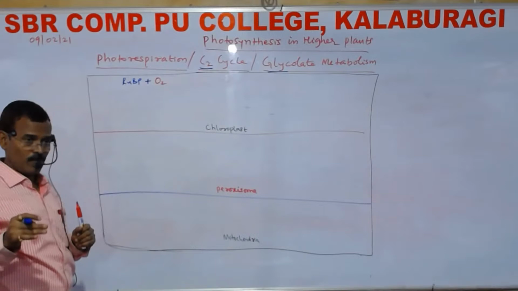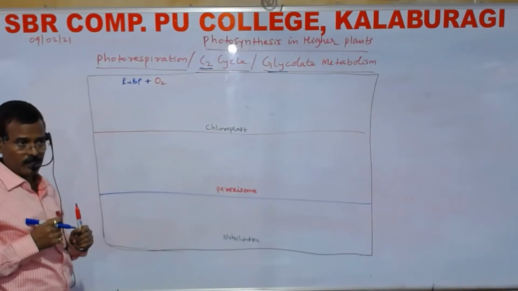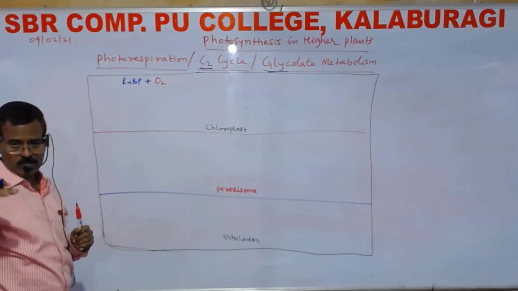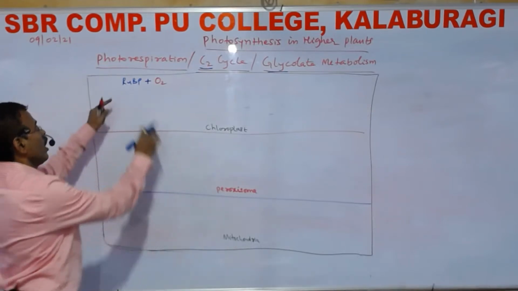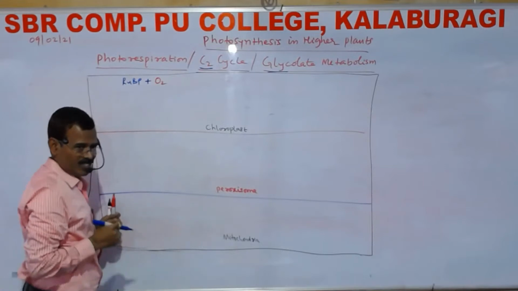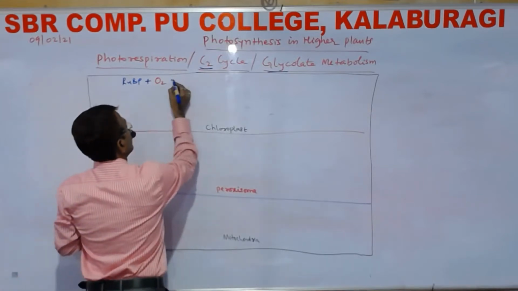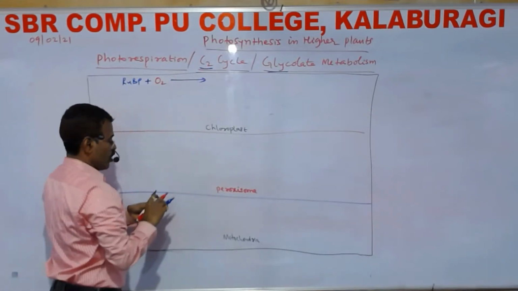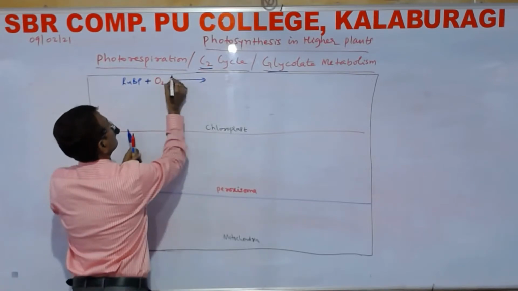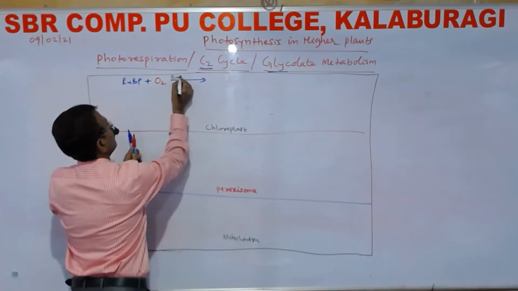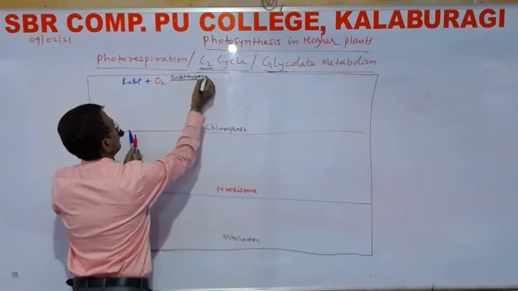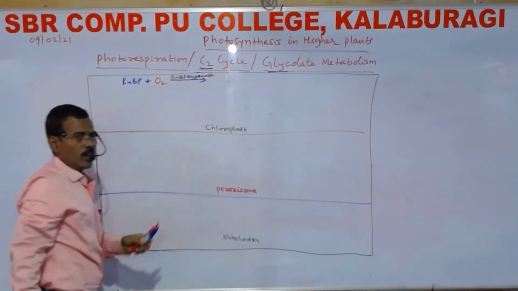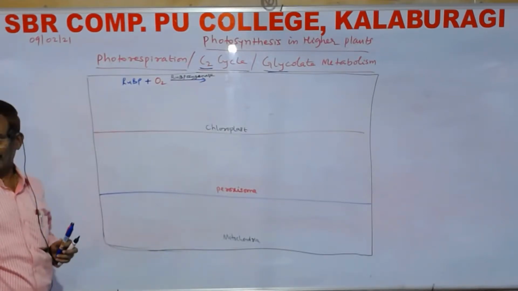So here, C3 plants perform photorespiration, we know that. That's because the relative concentration of oxygen is more than carbon dioxide. That's why RuBP will fix oxygen, in the presence of RuBP oxygenase, RuBP oxygenation.